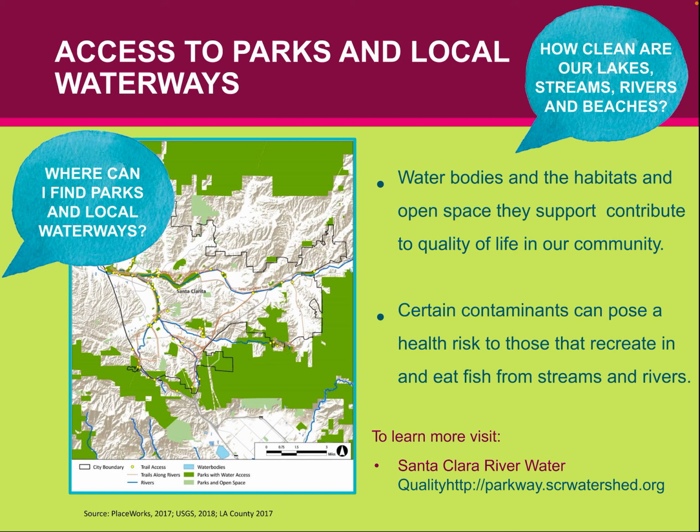We generally have a good amount of open space green areas and parks within Santa Clarita, and these tend to run along the lines of where various rivers are. So we need to understand that contaminants pose a health risk to those who recreate in the streams, rivers, and open park areas.